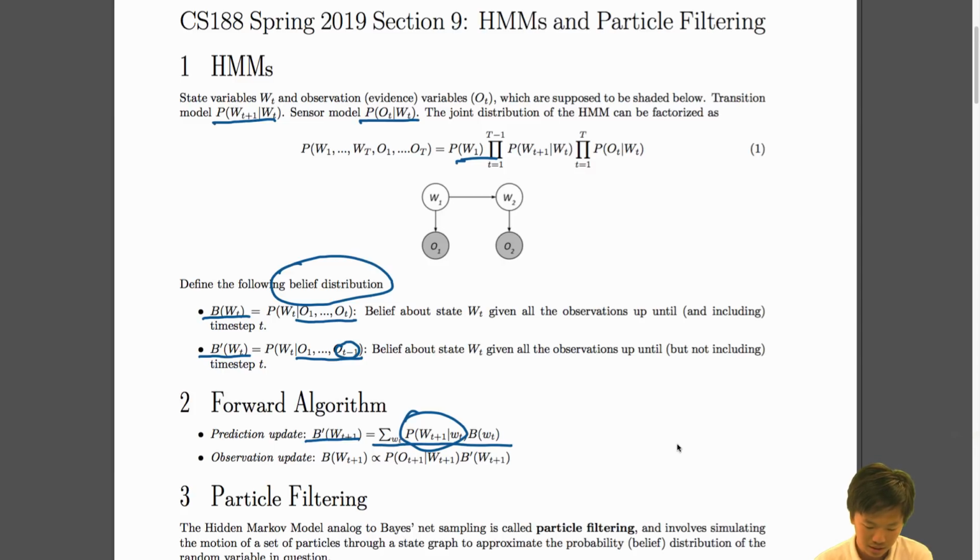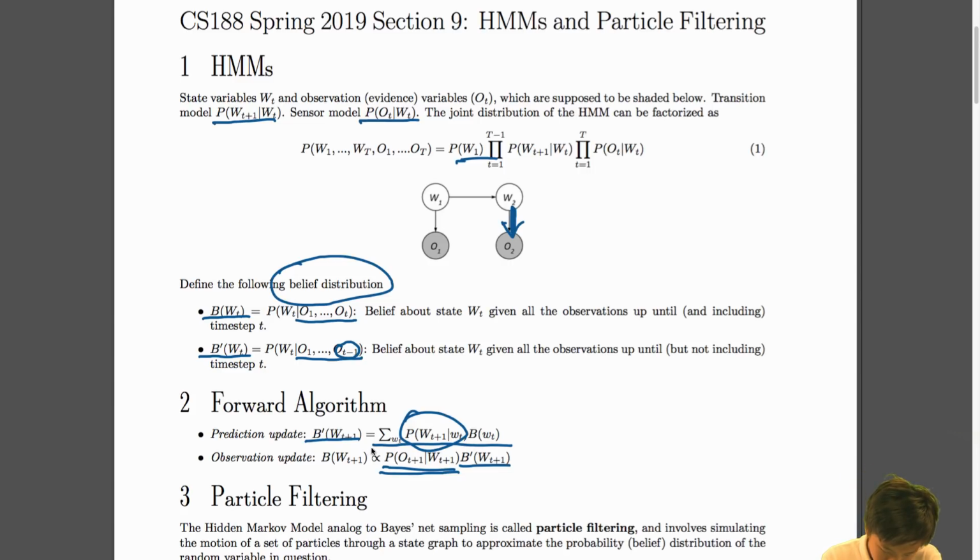So the observation update basically incorporates the observation into the belief distribution by multiplying the belief without the observation at the t+1 stage with the probability of that observation given that particular hidden state at t+1.